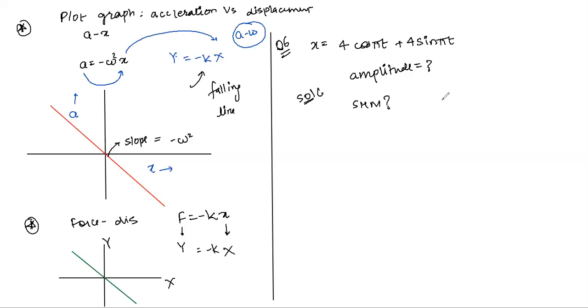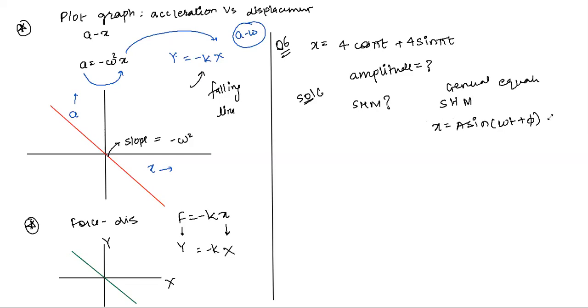What was the general equation for SHM, Karuna? x is equal to A sine omega t plus phi, right? Yes. So now that we know this was the general equation, I will write this over here.